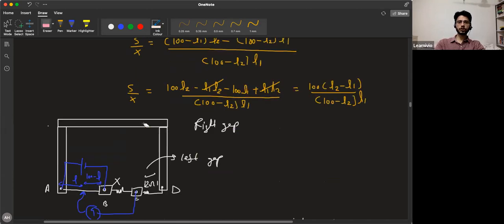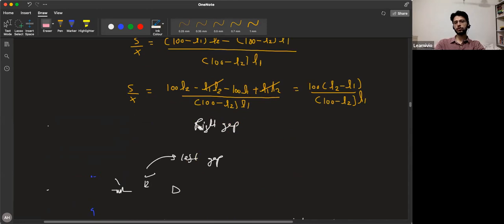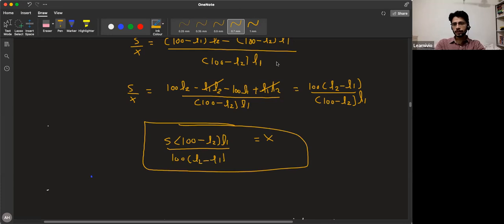Now if you cross multiply them, you get the value of x. Cross multiply them, you will get x is equal to s into 100 minus L2 into L1 divided by 100 into L2 minus L1. Who was getting this answer?